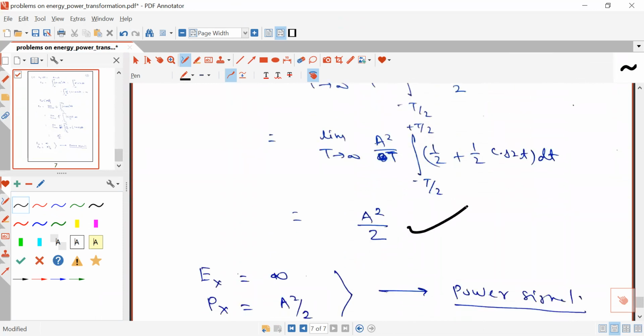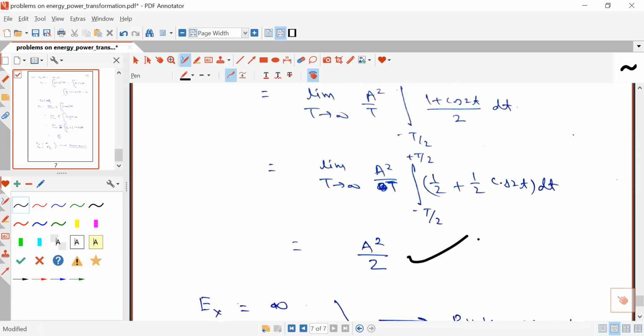In the previous lecture it is also explained clearly that a periodic signal cannot be an energy signal because its range is from minus infinity to plus infinity, and its energy value will be infinite, but its power value will be finite. So all periodic signals will be power signals.